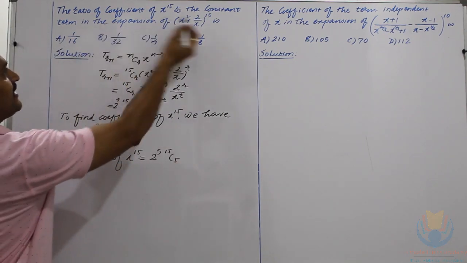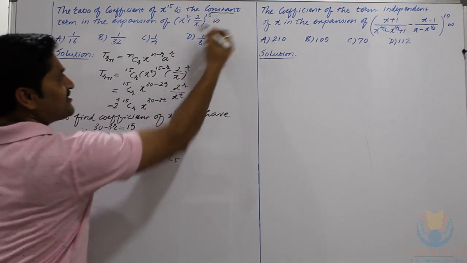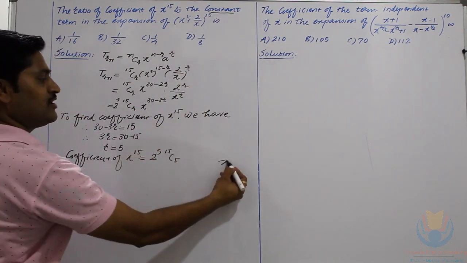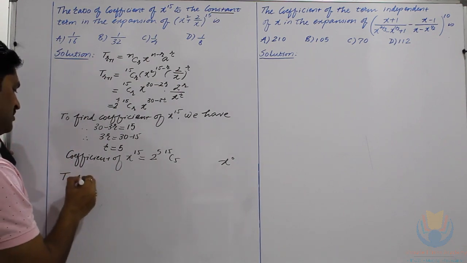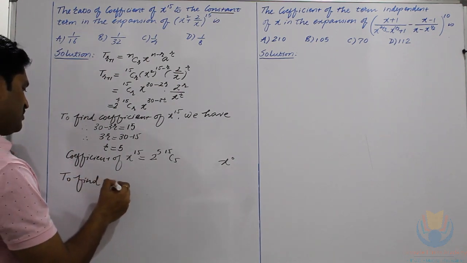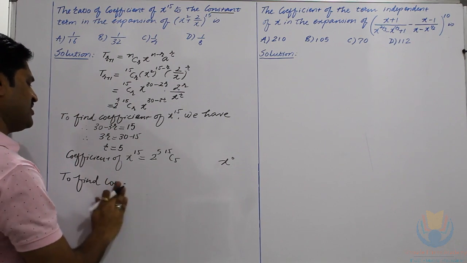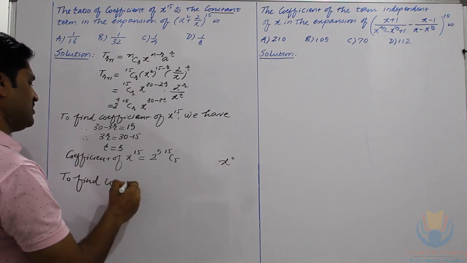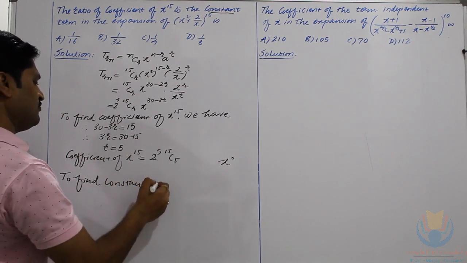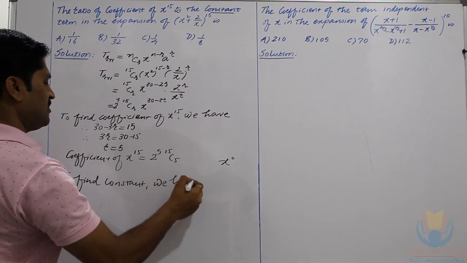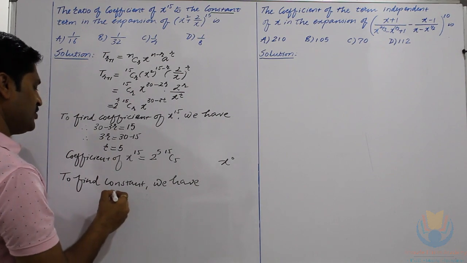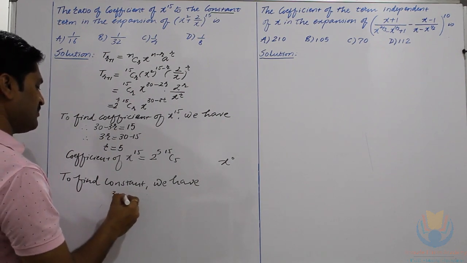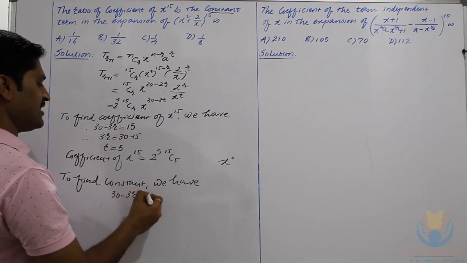So we will again find the constant term. The constant term is nothing but the coefficient of x raised to 0. So again, to find the constant, we must have this part, 30 minus 3r, to be 0. So we equate that part with 0 to get the value of r.